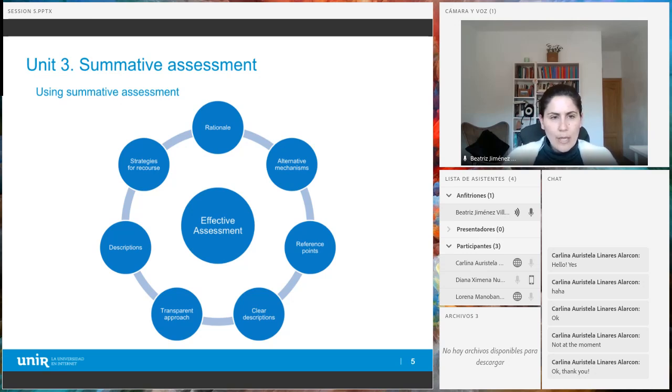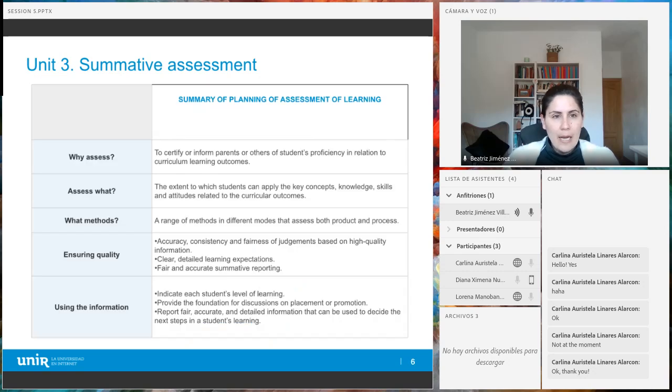So doing this and applying all this will help us to provide an effective assessment of learning to our students. Okay. Now, we have here a summary of planning of assessment of learning.